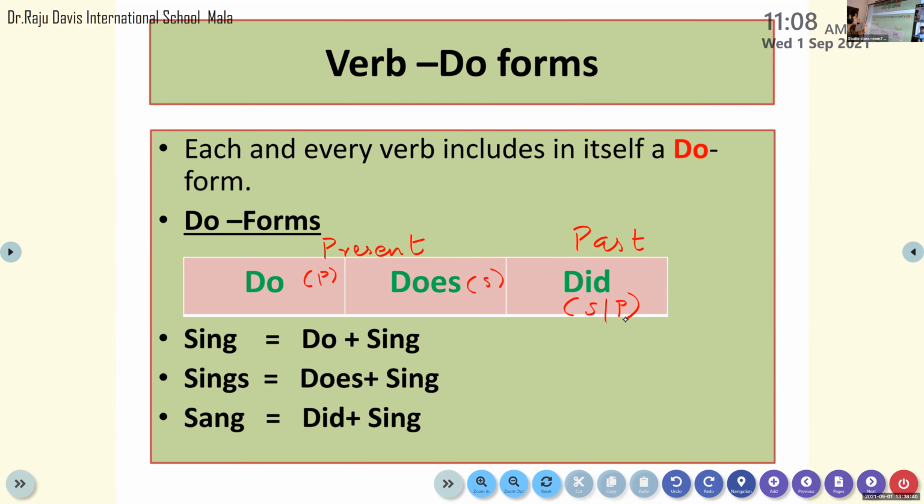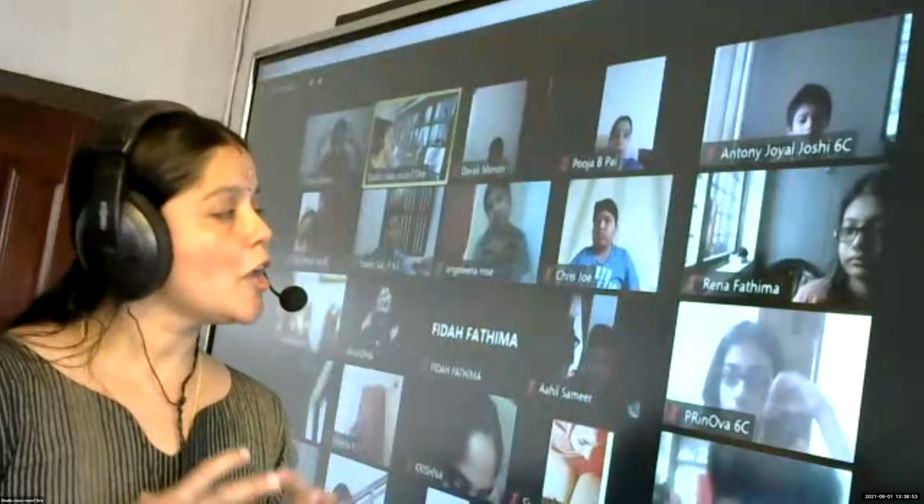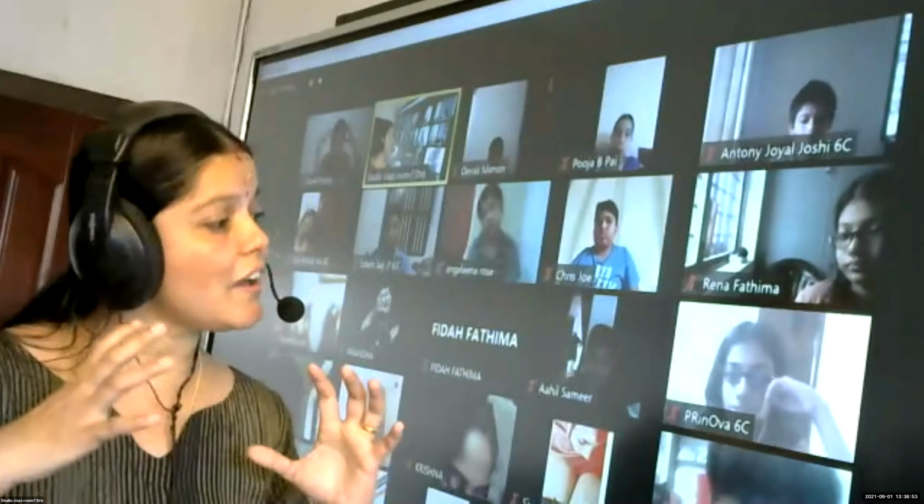Children, each and every verb includes in itself a do form. Remember this in your mind. If you get a main verb, jump. If you get a main verb singular, jumps. If you get a main verb past tense, jumped. Okay, so jump, jumps, jumped.